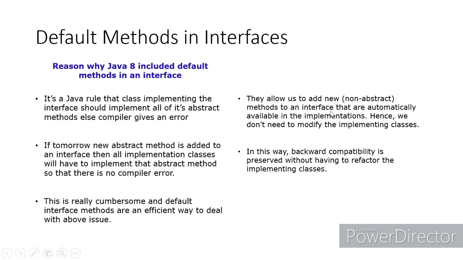They allow us to add new non-abstract methods to an interface that are automatically available in the implementation. Hence, we don't need to modify the implementing classes. In this way, backward compatibility is preserved without having to refactor the implementing classes. So whatever functionality was there in my football class and my tire class is already rolled out to the client. Even if I add a new functionality tomorrow in my interface, I know that it's backward compatible with the code which I have already rolled out.